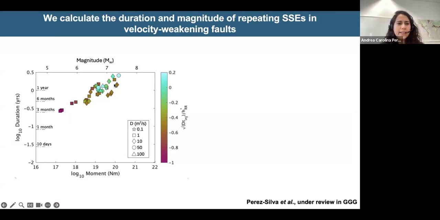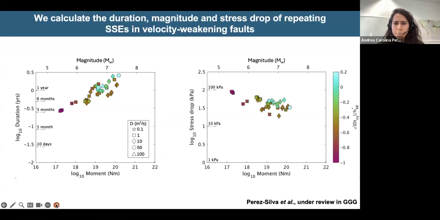We can see that the induced events are focused on the parameter space of long duration, large magnitude events, so this whole space is pretty empty after the perturbations. We also calculate the stress drop of the induced events, and they are again within the expected range for slow slip events, in the order of tens to 100 kilopascals.